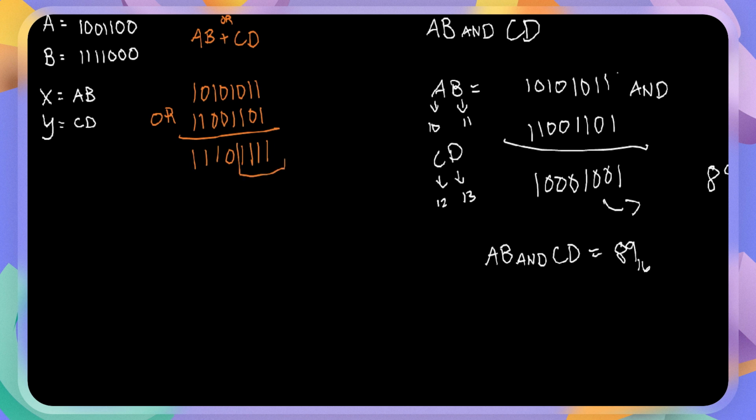So that's F, because that's 15. Because 8 plus 4, 12, plus 2, 14, plus 1, 15. So that's F in hex. And then we have this, which should be 14, which is E. So we can say AB plus CD, remember this is an OR, is equals to EF in hexadecimal.